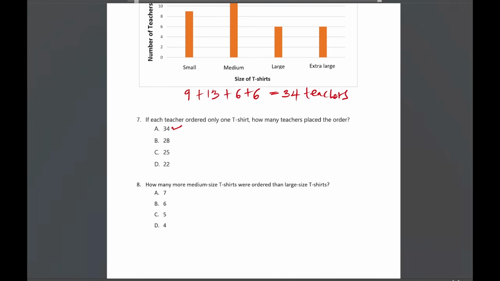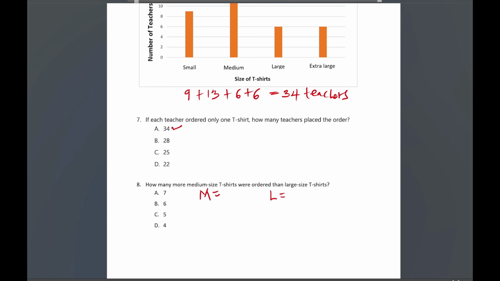Question 8. How many more medium-sized t-shirts were ordered than large-size t-shirts? So let's find out the number of medium-sized t-shirts ordered and then the number of large-size t-shirts ordered.